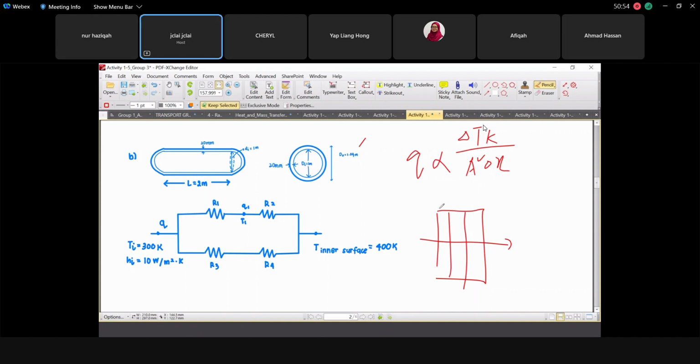But for this shape, it consists of two different geometries. Geometry number one is the cylinder. Geometry number two is hemisphere plus hemisphere, so it is a sphere. You know the equations for calculating surface area: the area of a cylinder and a sphere is different.